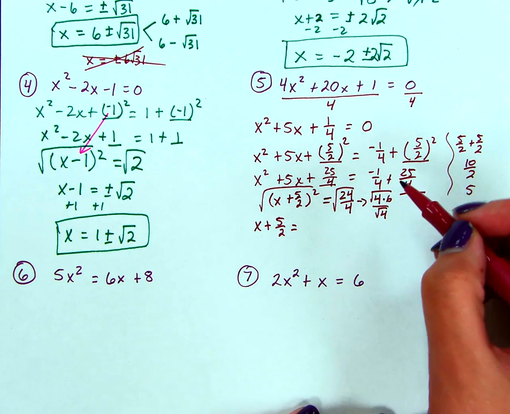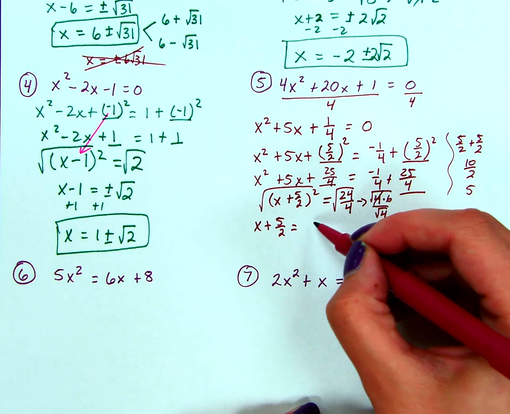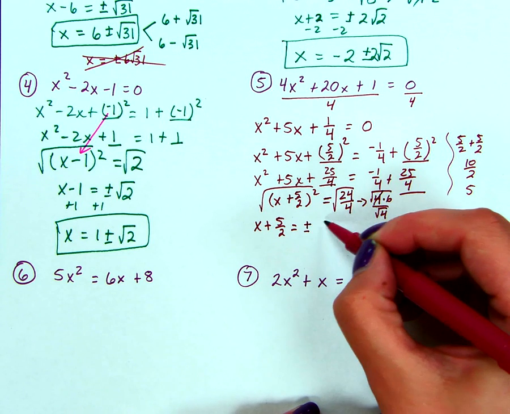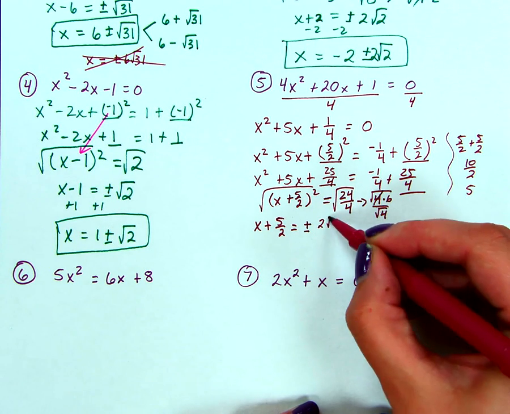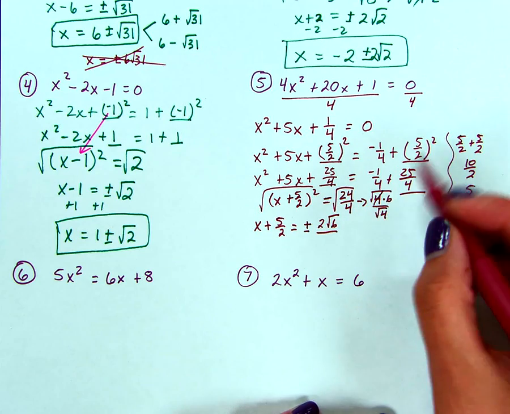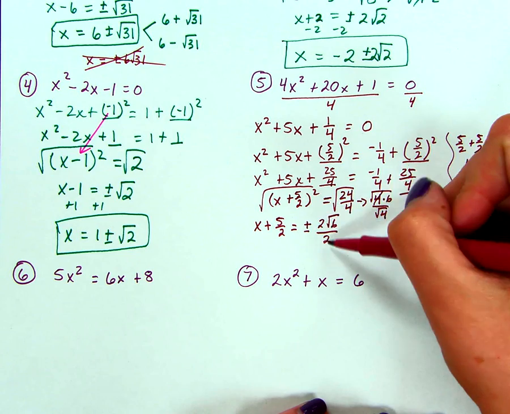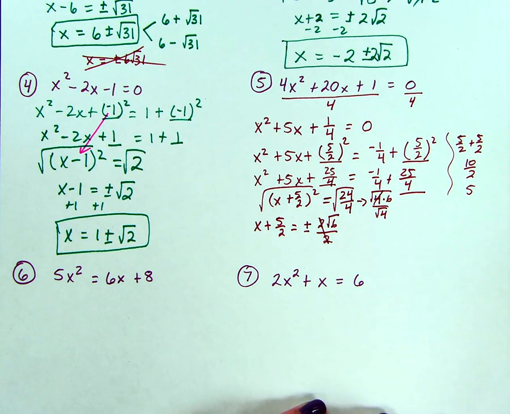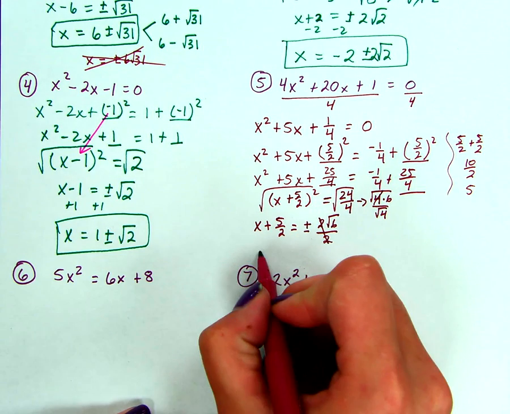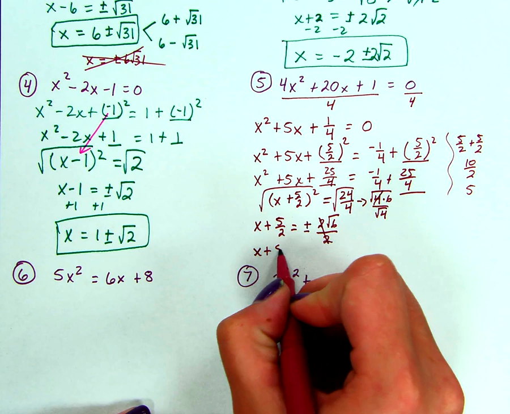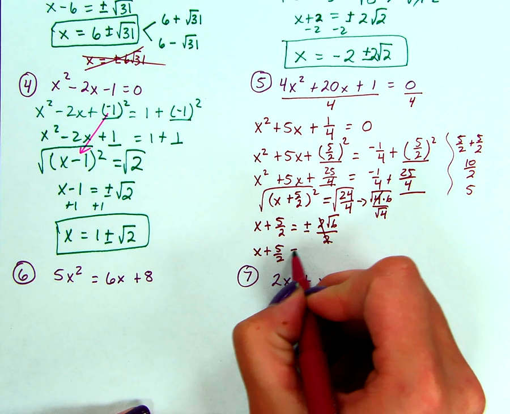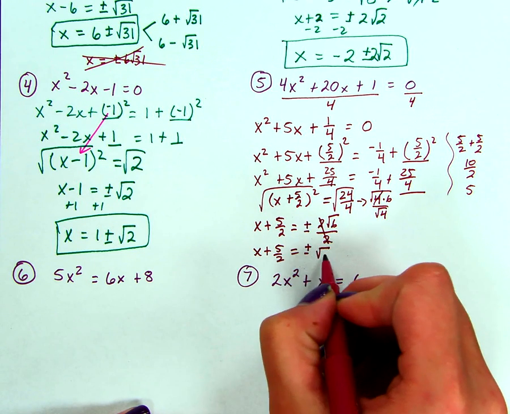In the numerator, the square root of 4 is 2, so that's going to come out, and we do have a plus minus still. 6 stays inside of our radical, and then the square root of 4 is 2. So 2 divided by 2 is going to cancel out, so I'm really looking at having x plus 5 over 2 equal to plus and minus the square root of 6.